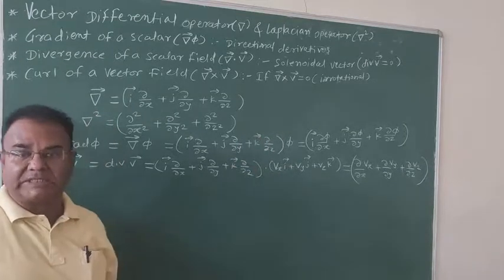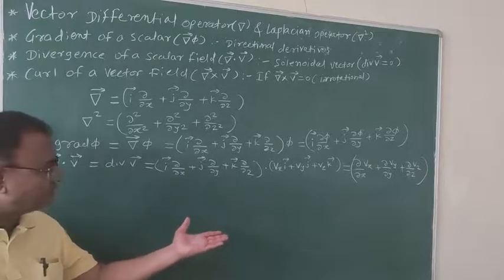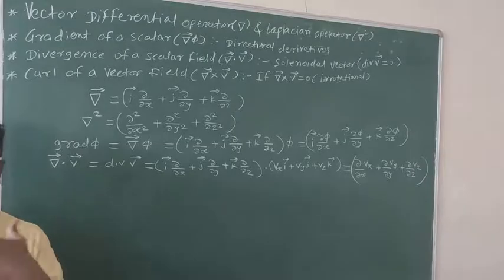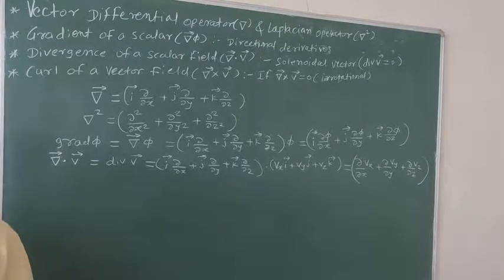Here the question arises: what is the physical significance of the divergence? Obviously, this divergence is related to fluid mechanics, and depending on the value of the divergence, the fluid behaviour can be explained.